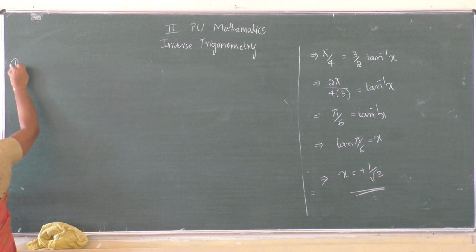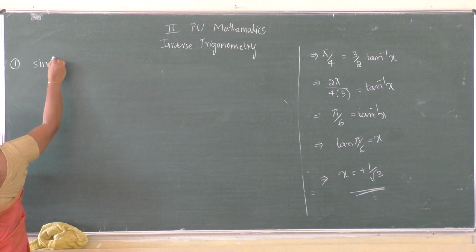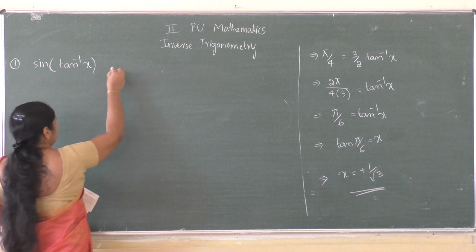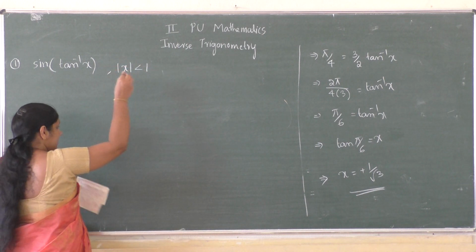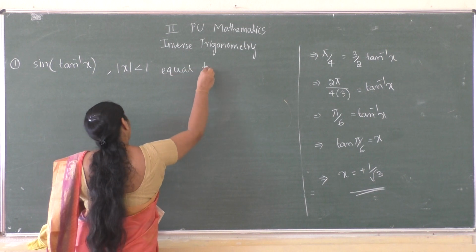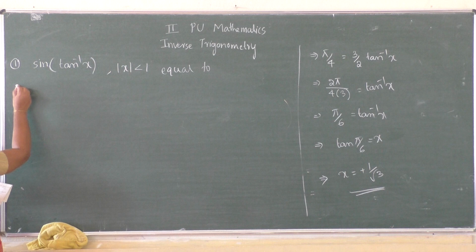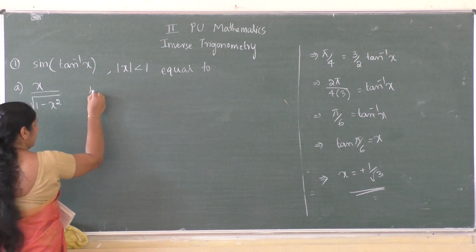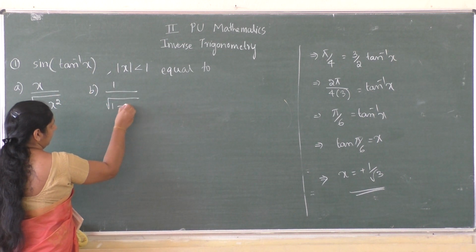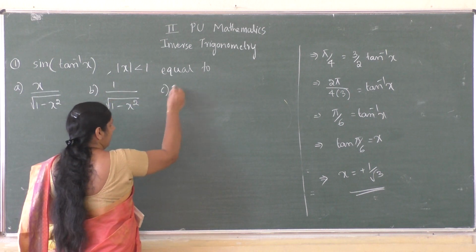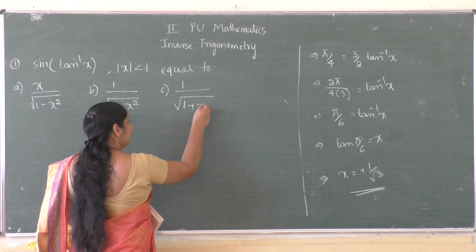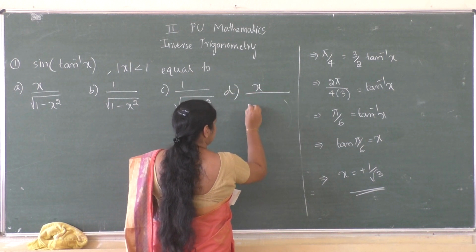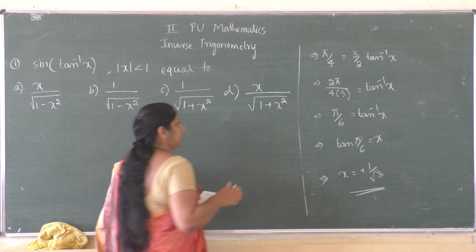Next question, it is a multiple choice question. Sine of tan inverse x, where mod x less than 1, equal to: option A, x by root of 1 minus x square; option B, 1 by root 1 minus x square; option C, 1 by root 1 plus x square; and option D, x by root of 1 plus x square.